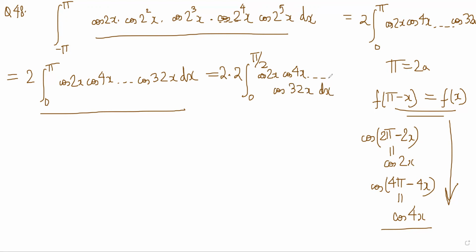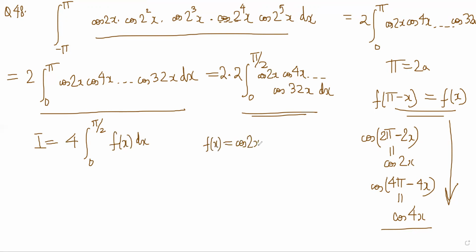We have this situation right now, correct? Your integral is equal to 4 times I, which is equal to 4 times 0 to pi by 2 f of x dx, where f of x is equal to cos 2x, cos 4x, and so on till cos 32x.